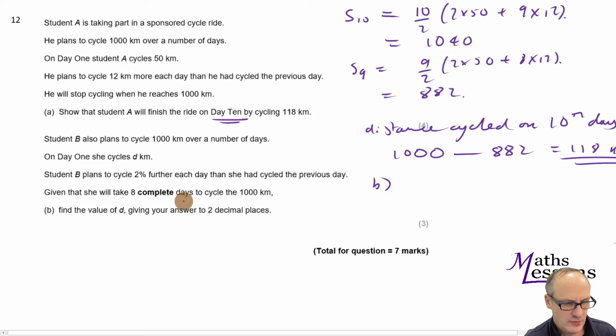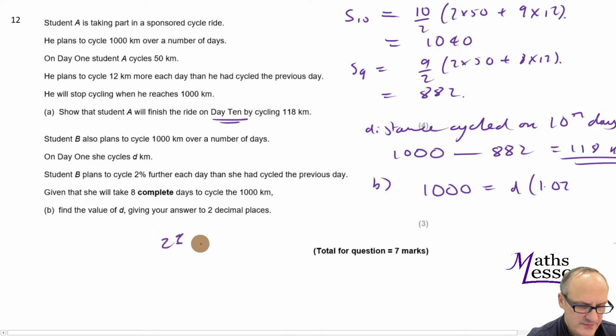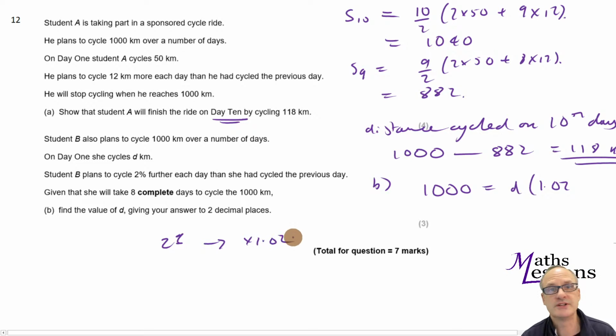So therefore, if it takes 8 days to complete the 1,000, then we know that 1,000 must equal, we don't know the day 1, the first term, so we're going to call that d, and then we put our common ratio 1.02, because going 2% further is the equivalent of timesing by 1.02 in decimal.